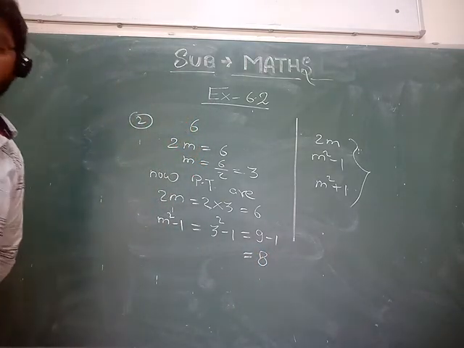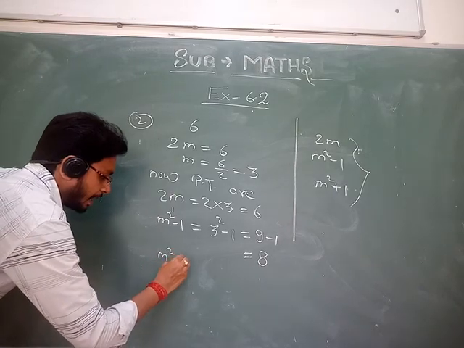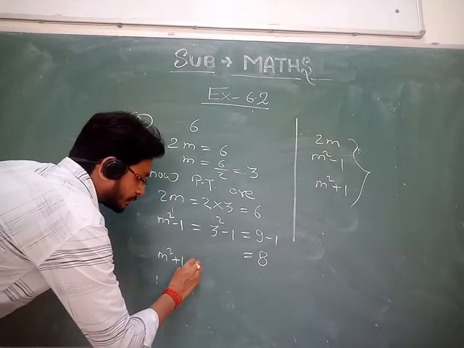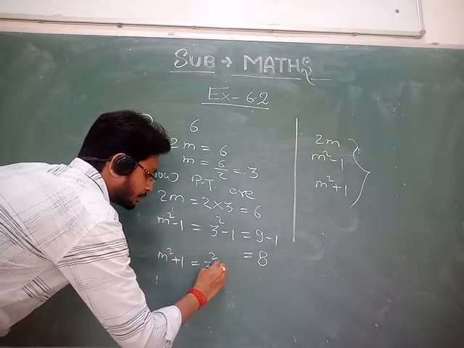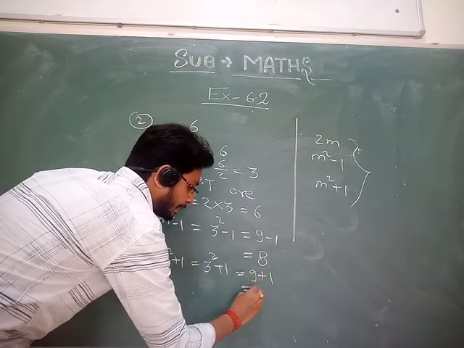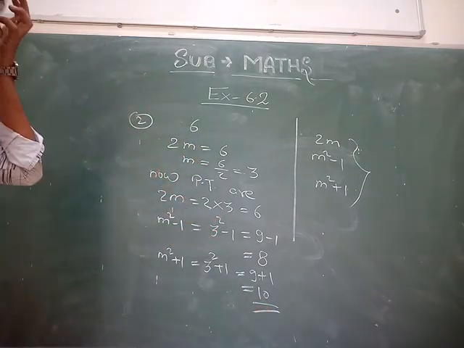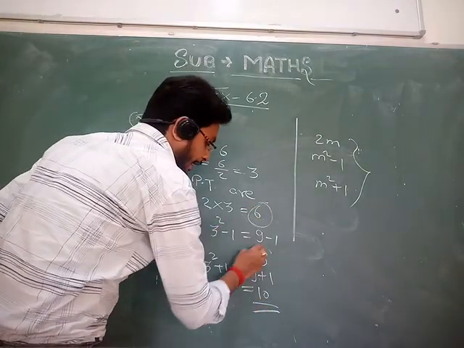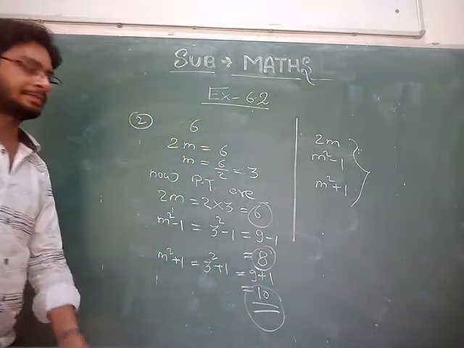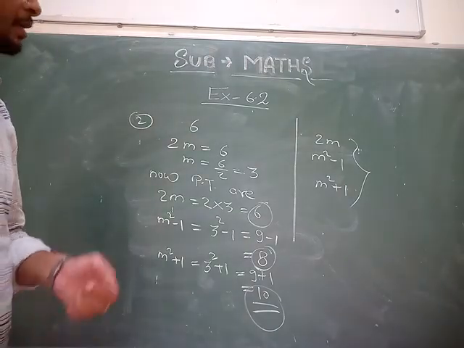Okay, and next and last, m square plus 1, which is equal to 3 square plus 1, means 9 plus 1, and that is 10. So these three numbers are a Pythagorean triplet: 6, 8 and 10. Is there any doubt? Okay.